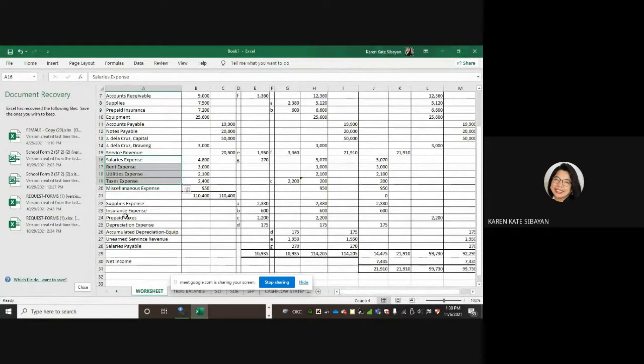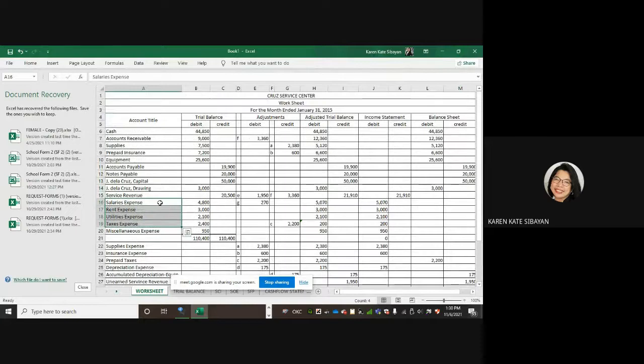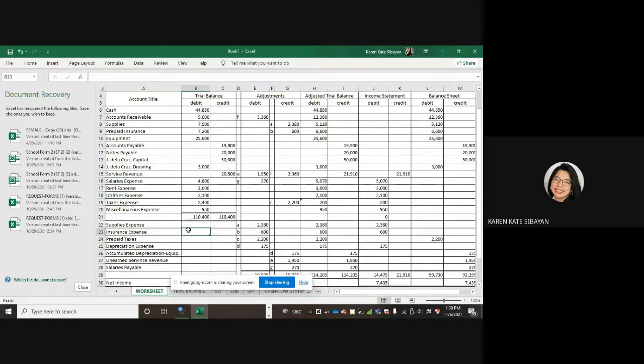Tingnan mo ngayon yung mga accounting title mo. Okay? May ininvest ka ba? Can be equipment. Okay?